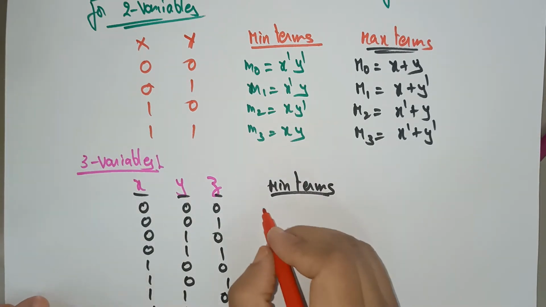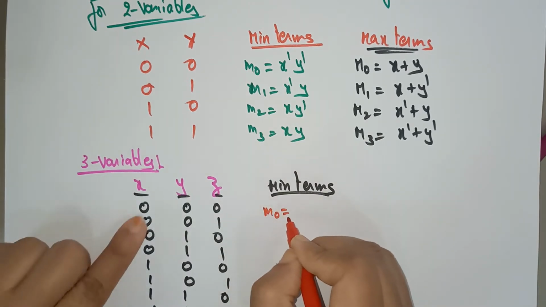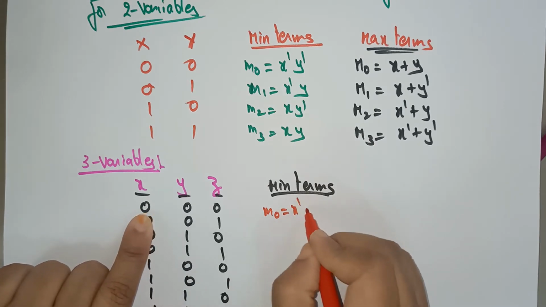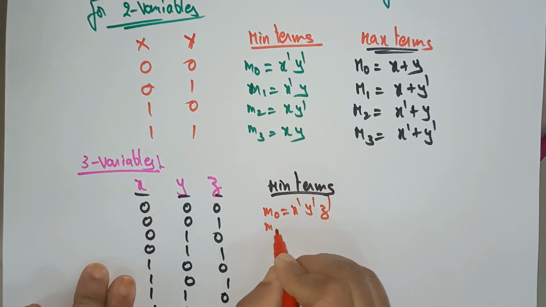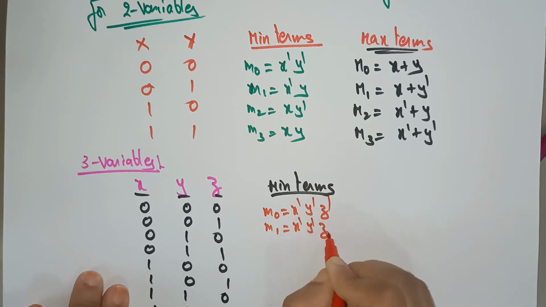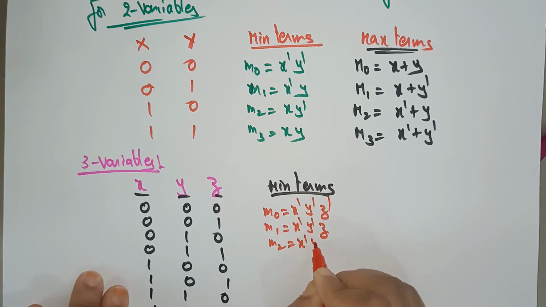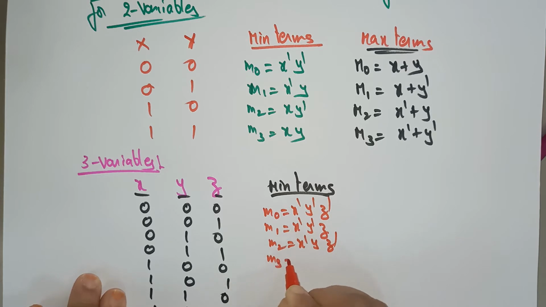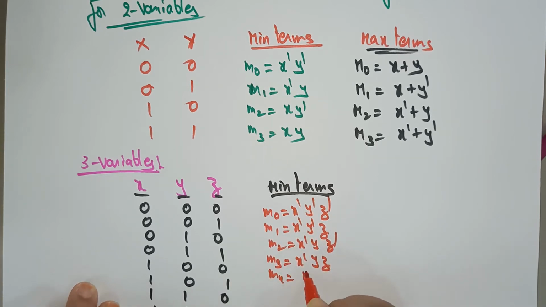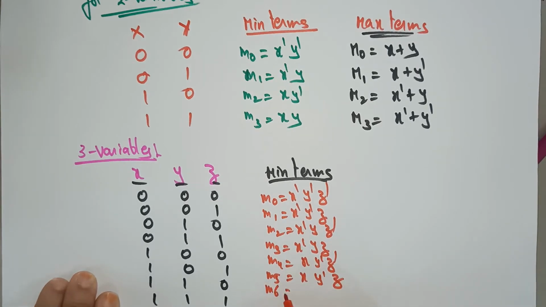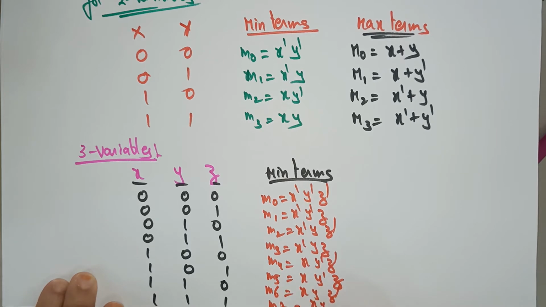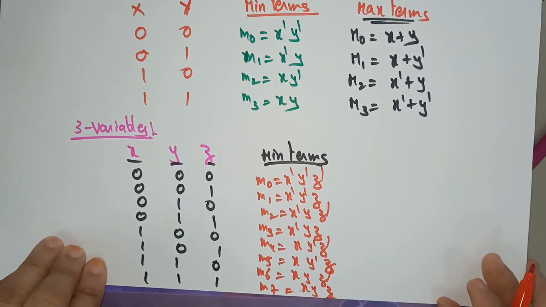I know you can tell. m0 is equal to x dash, y dash, z dash. m1 is x dash, y dash, z. m2 is x dash, y, z dash. m3 is x dash, y, z. m4 is x, y dash, z dash. m5 is x, y dash, z. m6 is x, y, z dash. m7 is x, y, z. So these are the min terms.